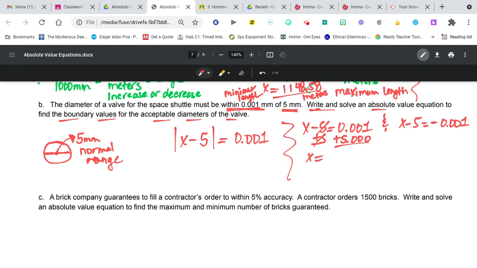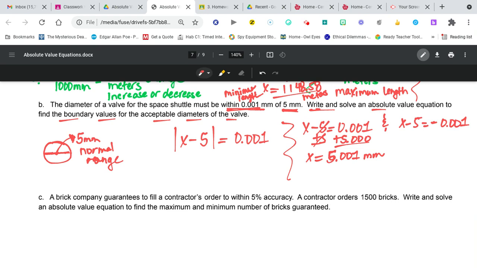But to me, it's not necessary. 5 plus 1,000th is 5 and 1,000th. Okay? And let's put it in terms of millimeters. So that's the greatest diameter that a space shuttle valve can have.